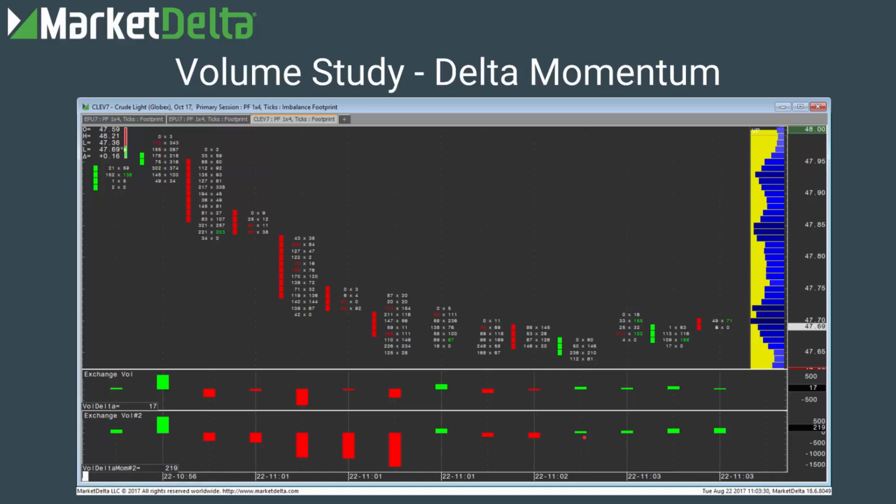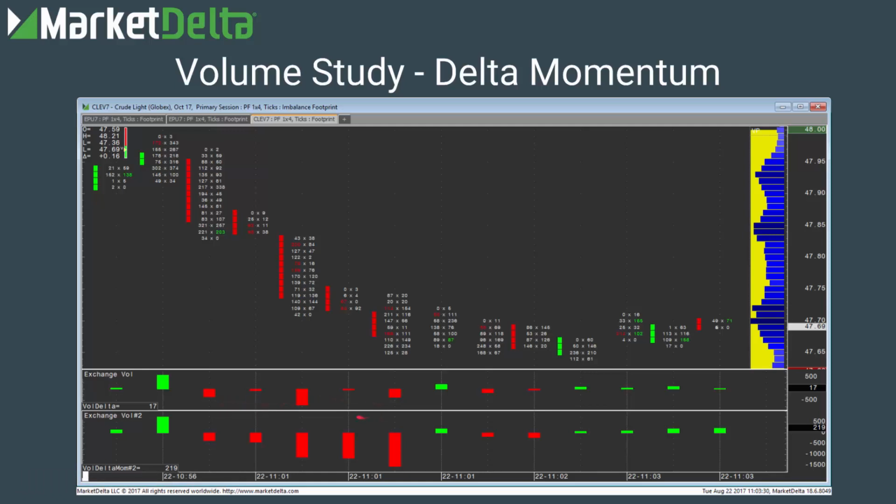But delta momentum, as long as the delta remains negative, it keeps adding them up more and more. So it basically adds this one to this one, and then this one gets added to the sum of these two, and so on and so forth.